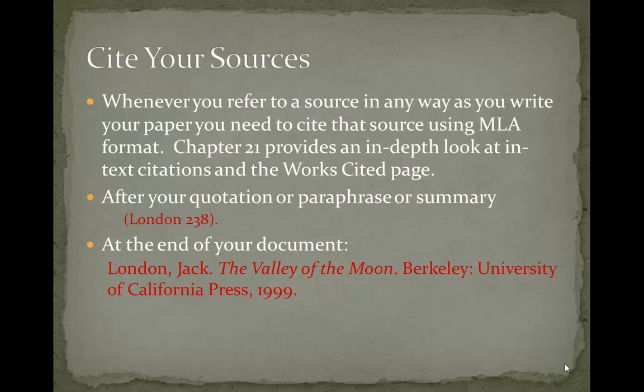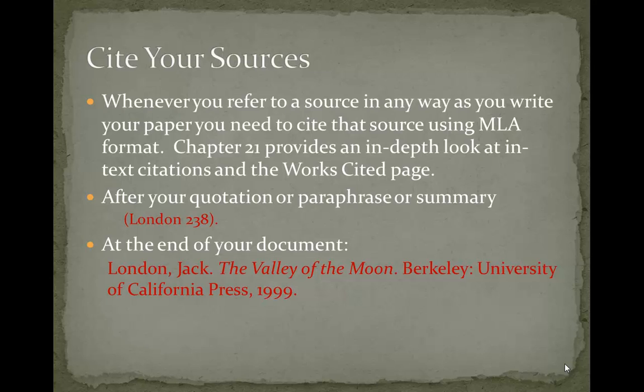Then, at the end of your document, in a works cited page, you list all of the works that you cited in alphabetical order. So, if I were going to cite the full source for the Valley of the Moon book, the one that we're going to be talking about a little bit next week as a possible extra credit assignment for those who are looking for extra credit, you list the last name, first name, London, Jack, and then a period.